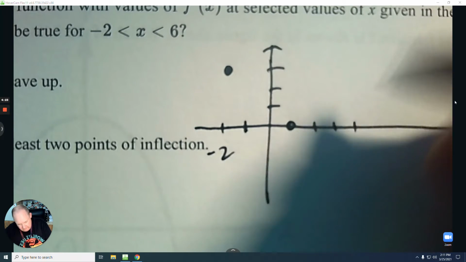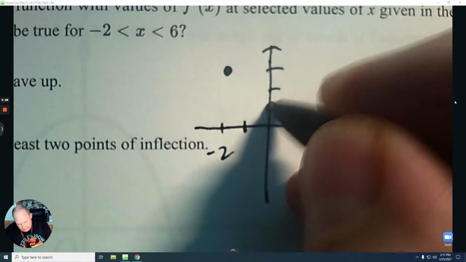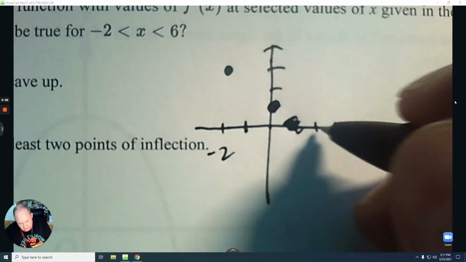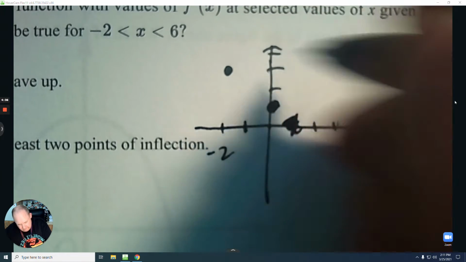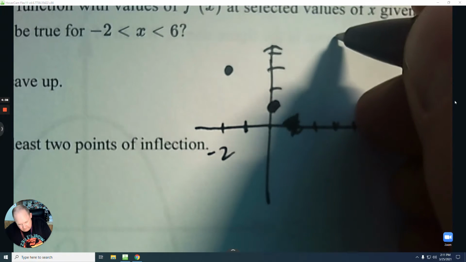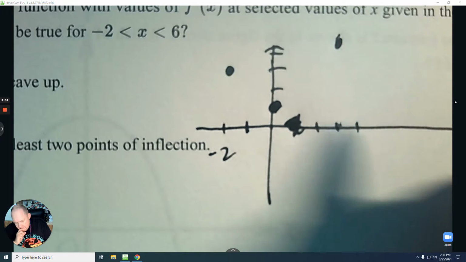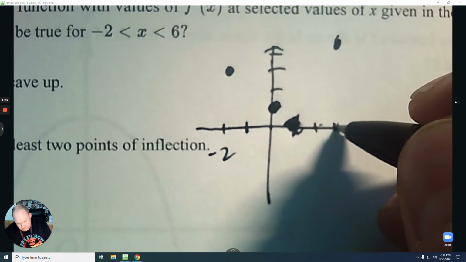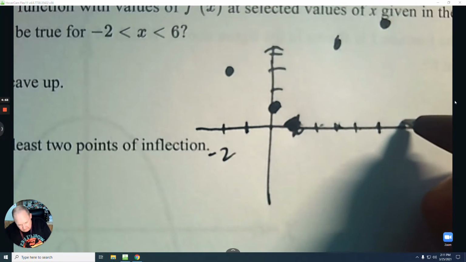Should I read it right? This should be 0 and 1. I totally do that. So this is 0, 1. This is 3, 4. Uh, 5, 7. And then 6, 5.